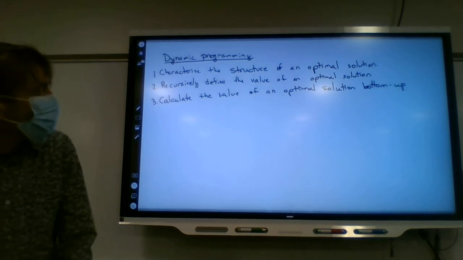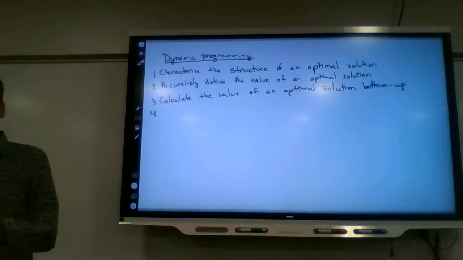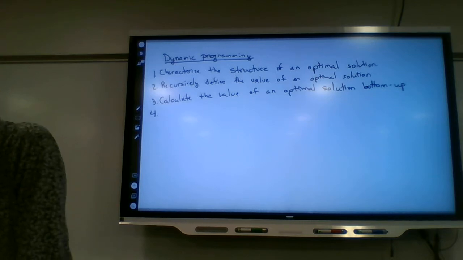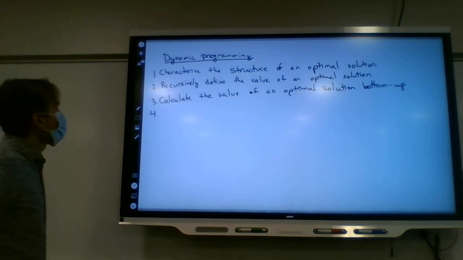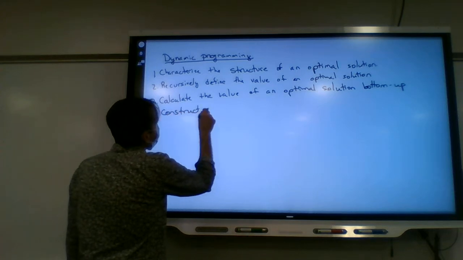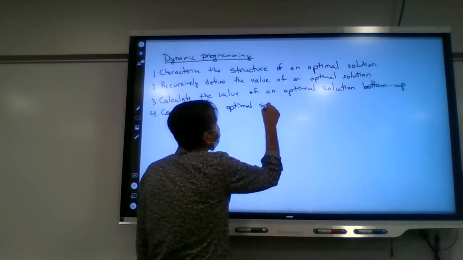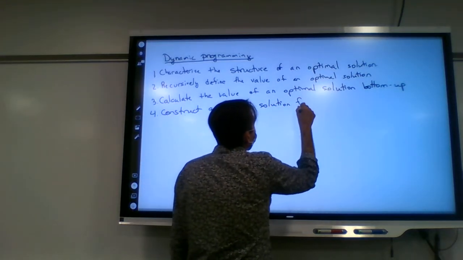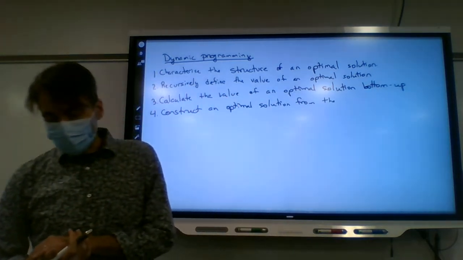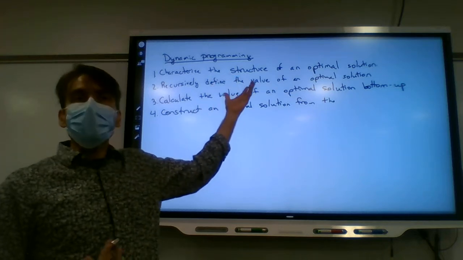If we only want the value, we stop here. If we want the process, like again, if we're finding a shortest path, if we just care about the length of the path, we stop here. Otherwise, we keep track of extra information along the way, and we construct an optimal solution from the information that we've calculated or stored.